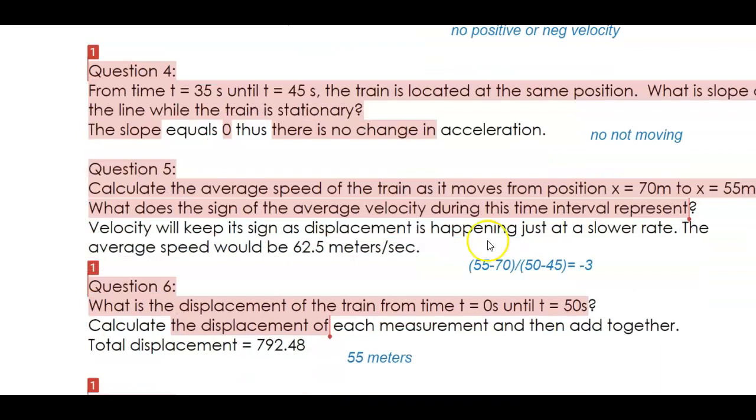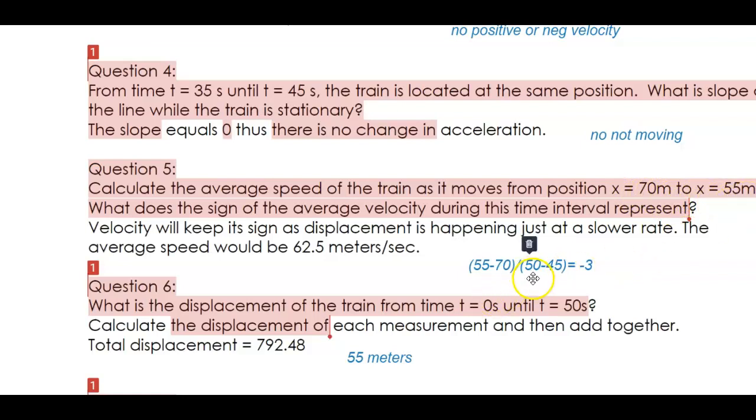Now, question 5 here was about the interval of distance between 70 and 55 meters. That means it starts off at 70, goes to 15.